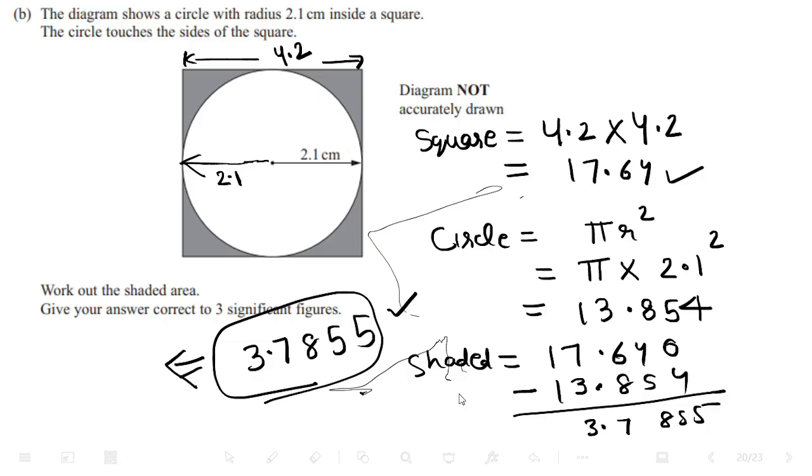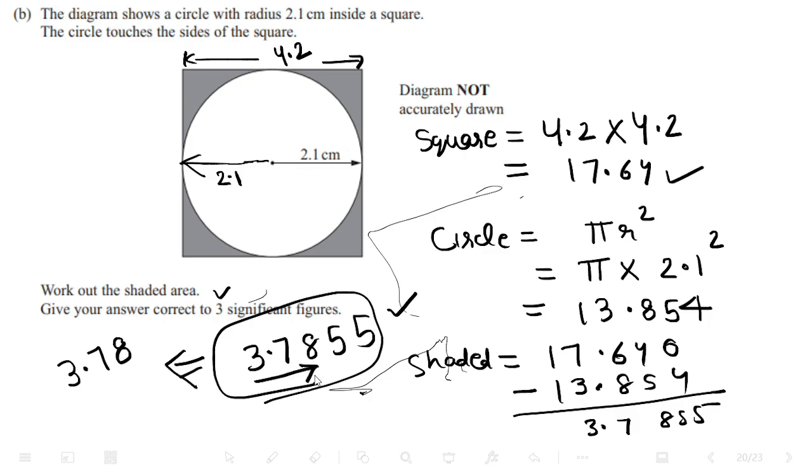Basically you can think of it that way, but three significant figures are written exactly like this, right?